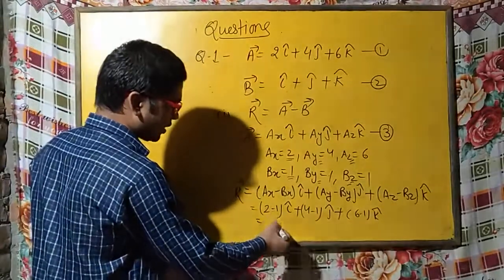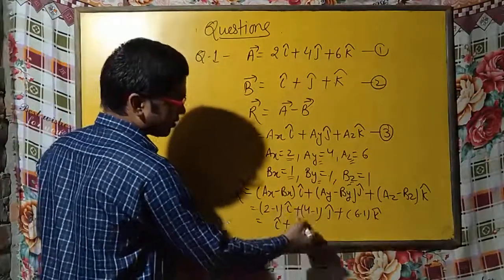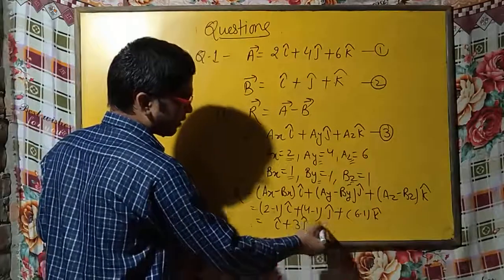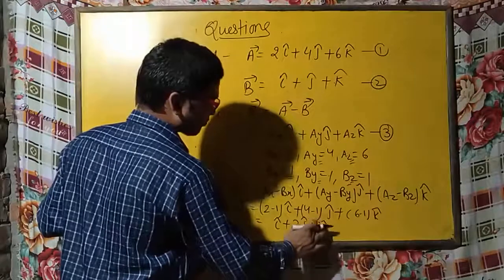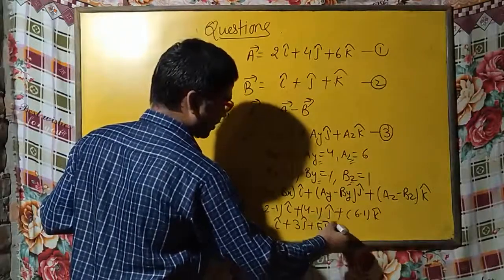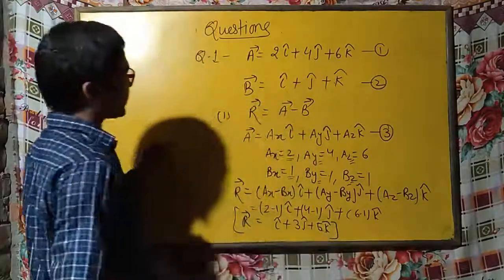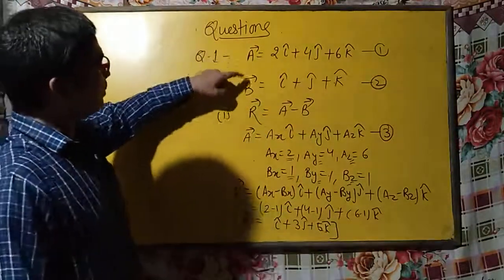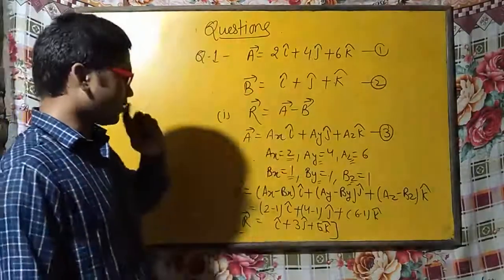You can write only i here because 1 is already the coefficient, plus 3j and plus 5k. So this is the resultant vector after the subtraction of b from a. Okay, so this is the result of a minus b.